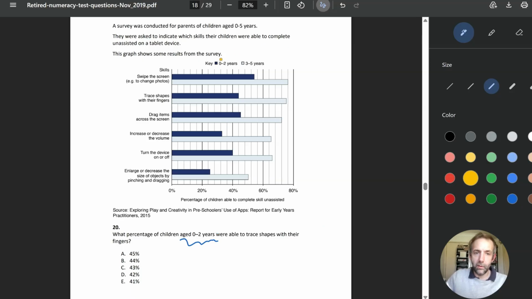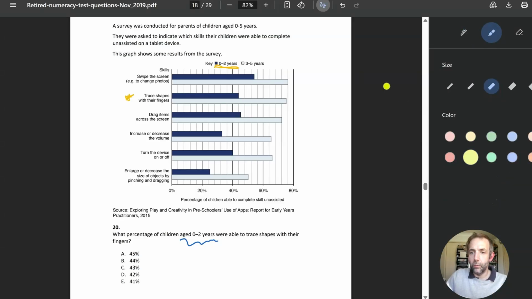So because they're 0 to 2, let's just make it clear that we need to do this one here, and they need to trace shapes with their fingers. So we're looking at this criteria as well. I'm just going to highlight the bar we should be referring to. So we want to make sure we're using the darker color of the key and that we're looking at this bar here.